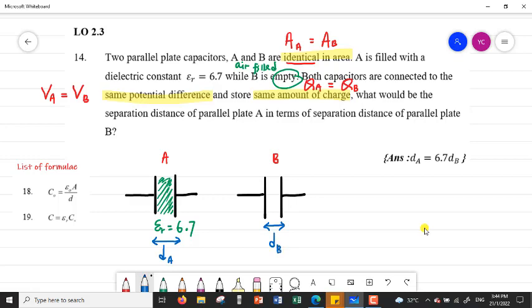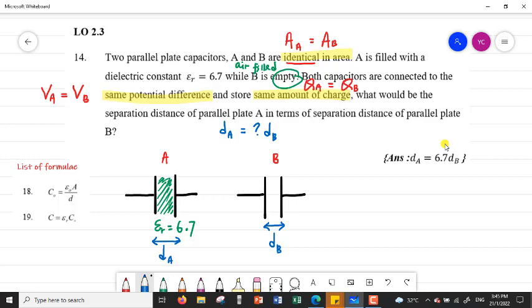So the question asks us to determine dA, the separation distance of parallel plates A, in terms of the separation distance of parallel plates B.